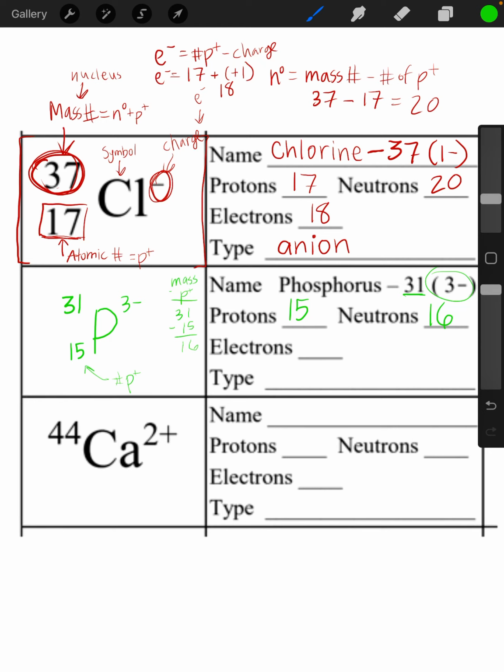And then for our electrons, we do protons minus charge. That would be 15 minus a -3. Those negatives cancel out, become a positive. In this case, that becomes 18 electrons. This makes sense because we have more negatives than positives. We should have an overall negative net charge. And again, because it's a negative ion, it's going to be called an anion.